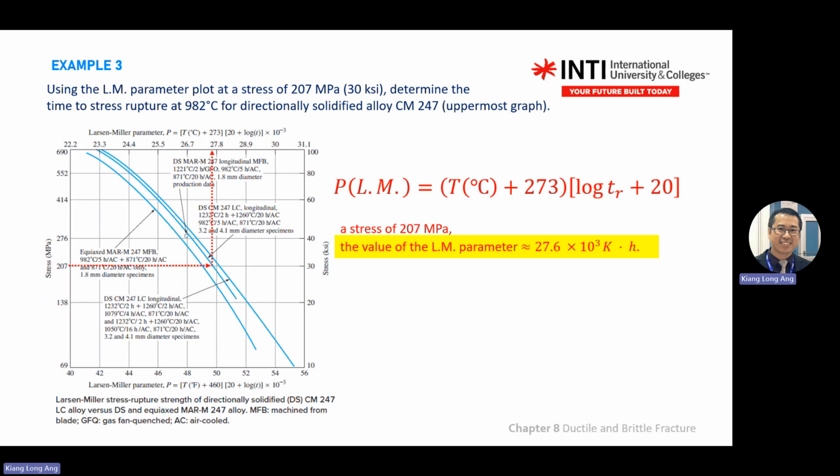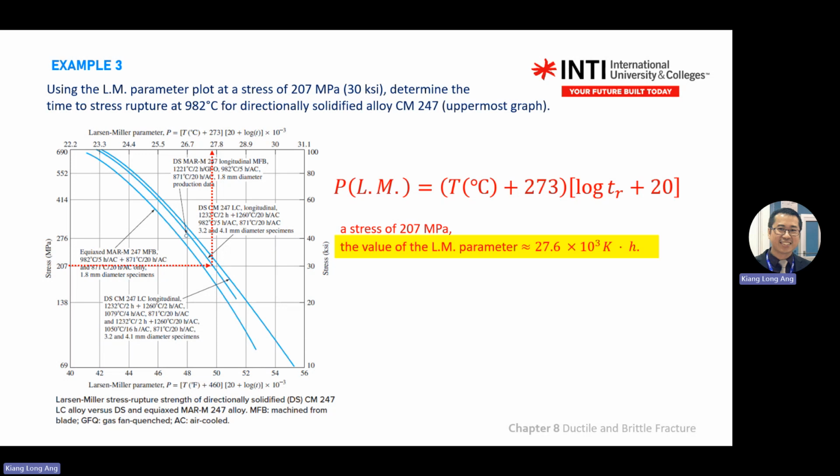Okay, the unit on the graph is 10^3 Kelvin hour. Okay, how do you know the unit? If you look at this formula, you're dealing with temperature, and you already convert temperature into Kelvin. So the unit will be Kelvin multiplied by log time plus 20.